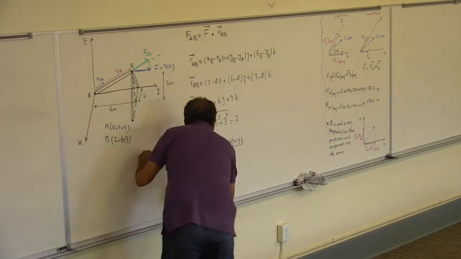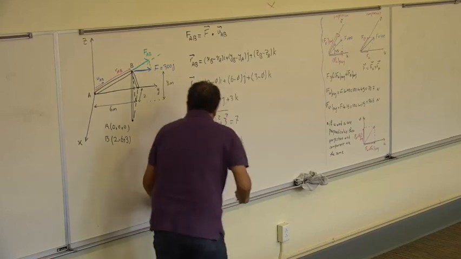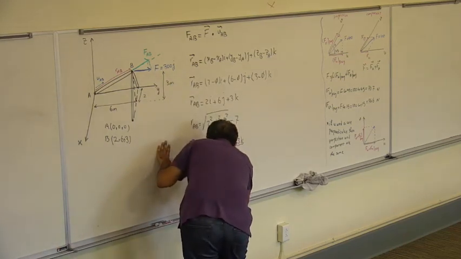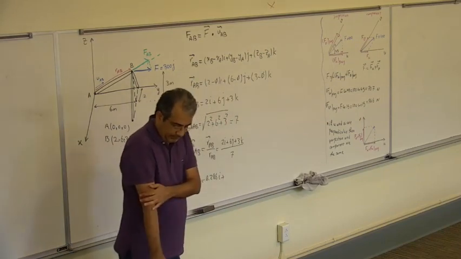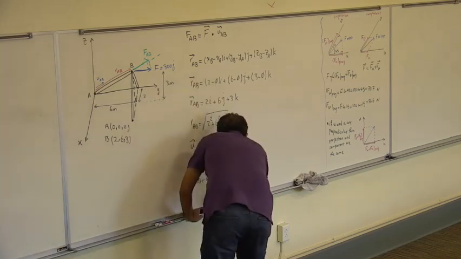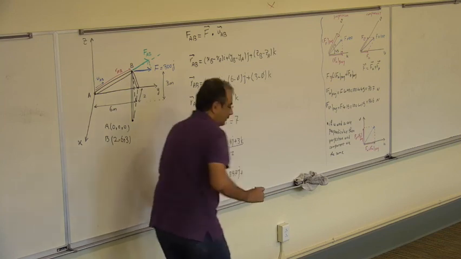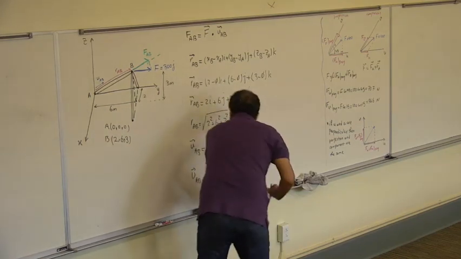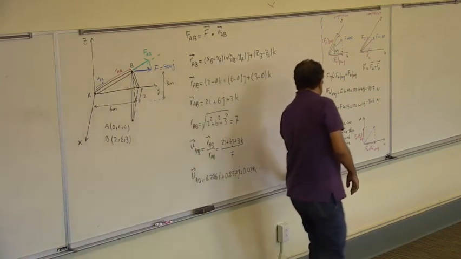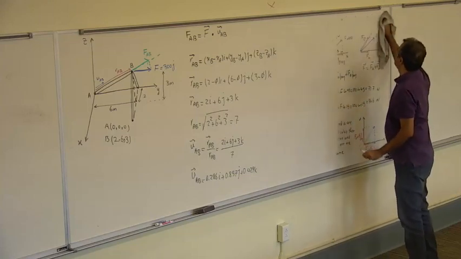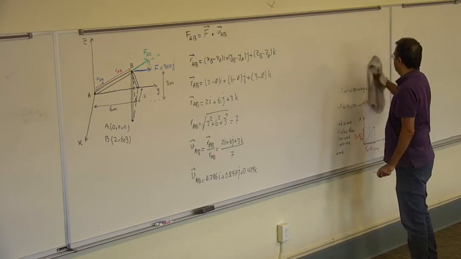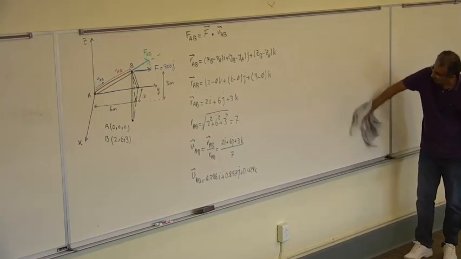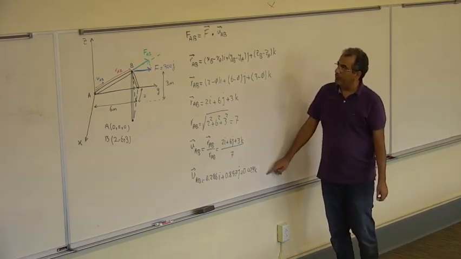If you do that, the UAB comes to 0.286I plus 0.857J plus 0.429K. So this is the UAB.